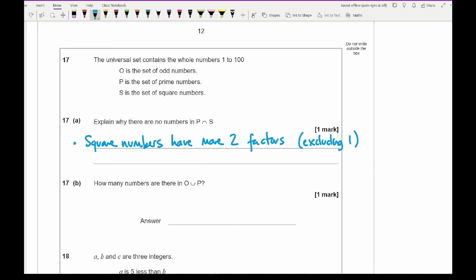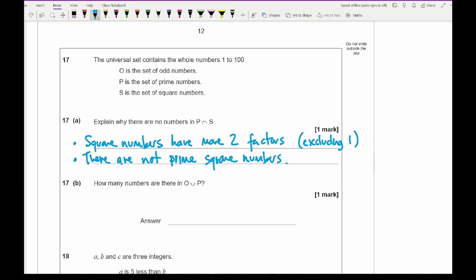So you could say something along those lines, or you could say that there are no prime square numbers. And so something along those lines would be absolutely fine.